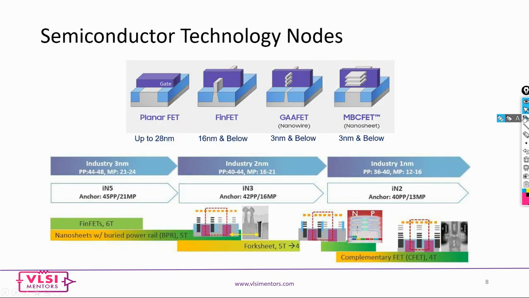Now, what are the technologies we were using before, what are the technologies that are mainstream at this point of time, and what are the next technologies that are going to drive the industry? If you look at planar FET, it's basically plain CMOS.